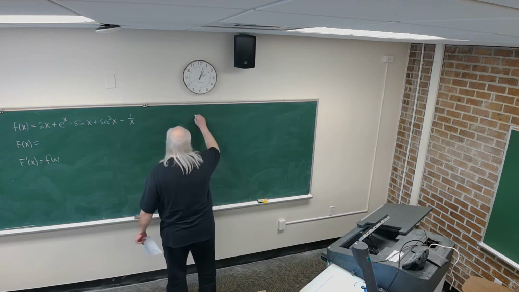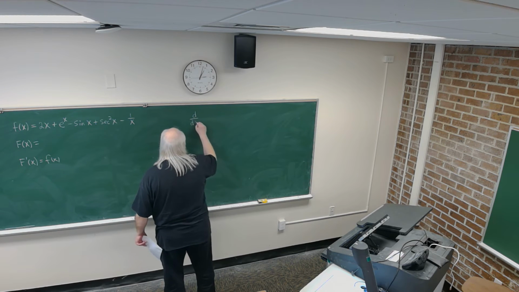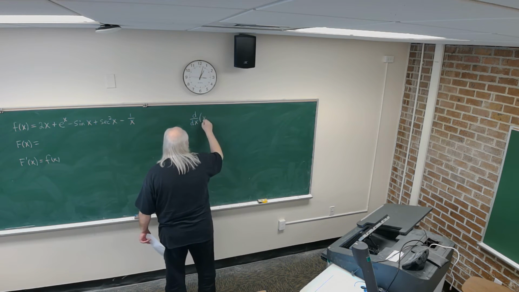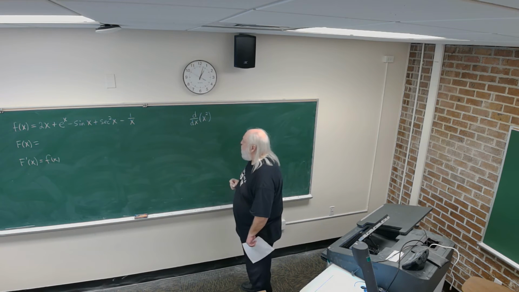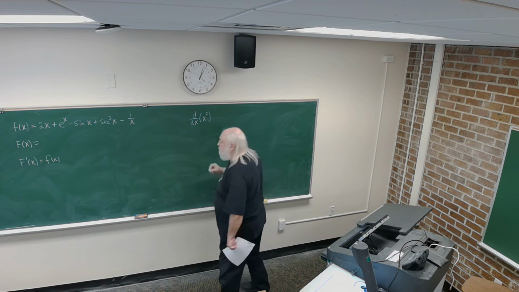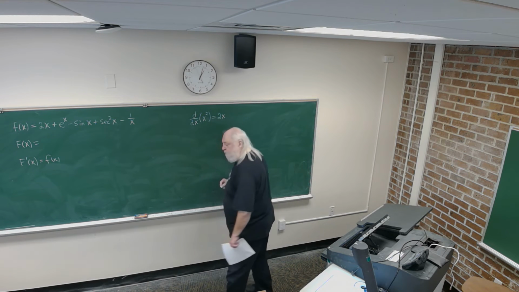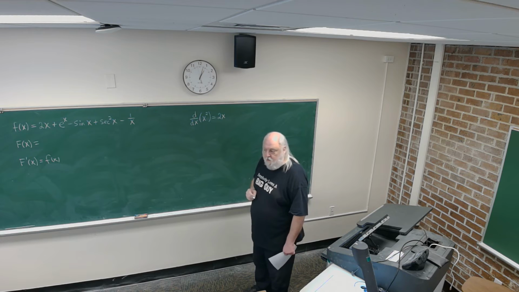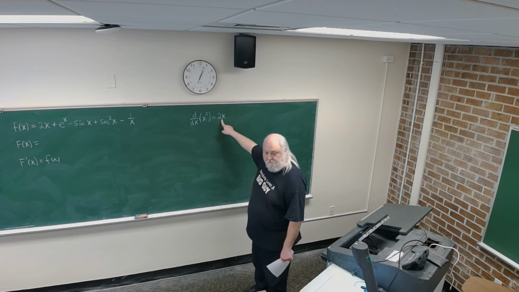Starting with the first term, 2x: the derivative of x squared with respect to x, by the power rule of differentiation, is equal to 2x. So x squared is an antiderivative of 2x.